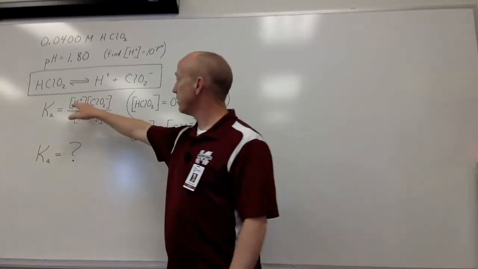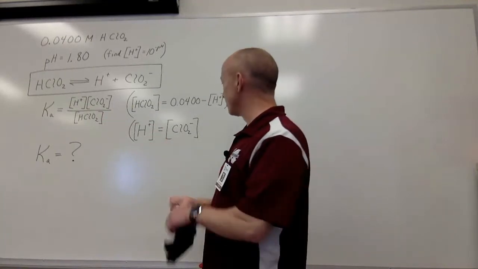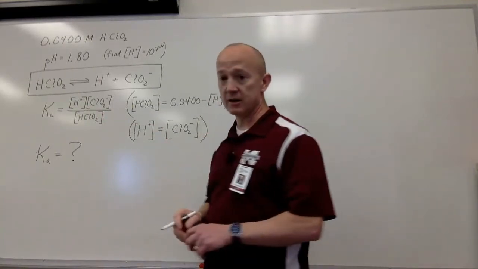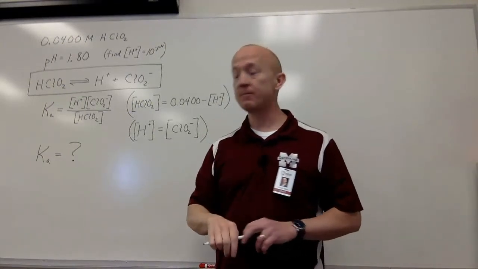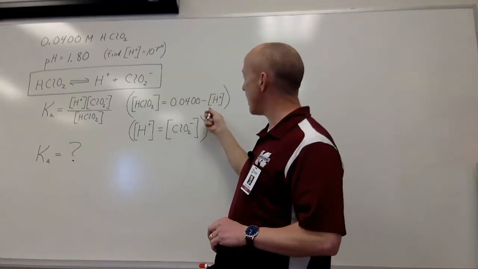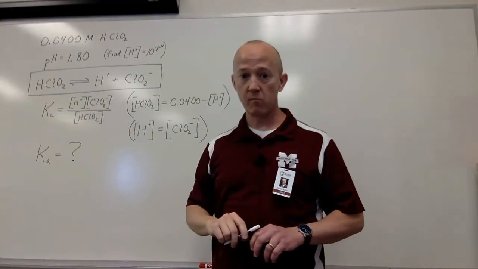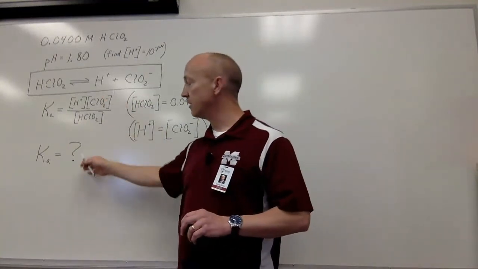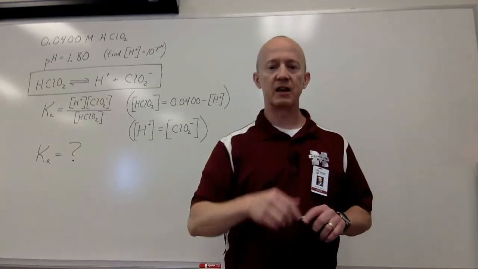Two, the hydrogen ion concentration is equal to the chlorite ion concentration. So far so good. And three, to find HClO2, all you have to do is subtract the hydrogen ion concentration from 0.04. And then you'll have everything you need to solve for Ka. All right, let's give it a try.